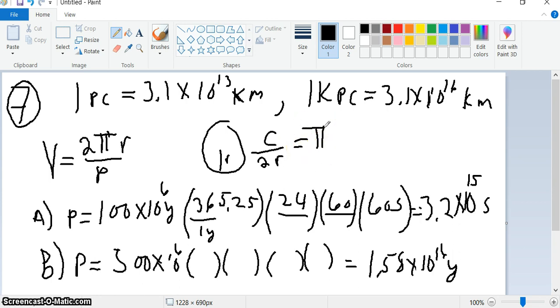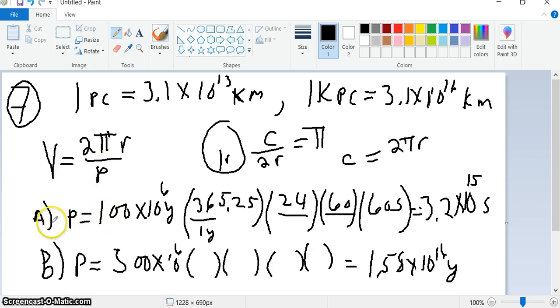So the circumference, c, is the distance that you're traveling, and it is equal to 2 pi times the radius. If you know the period, the time to go around, this is basically distance divided by time.